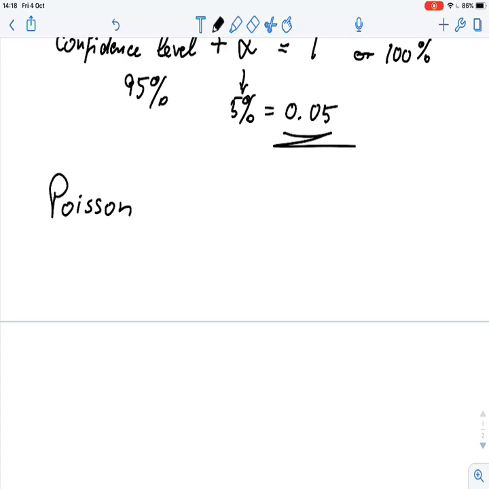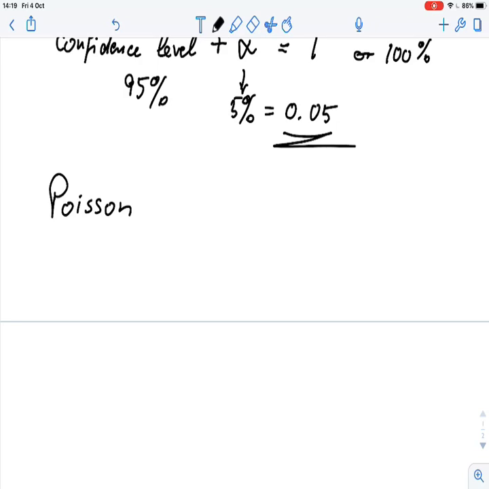Counts, raisins per bagel. A typical example. Actually, it was developed by somebody who actually wanted to figure out how many people per year get killed in the Prussian army by being kicked by a horse. And that is what spurred the whole investigation.